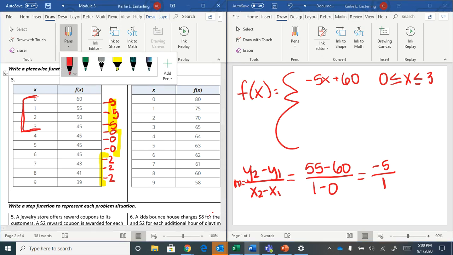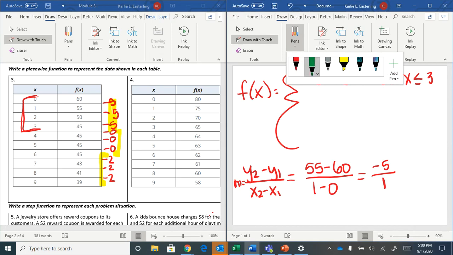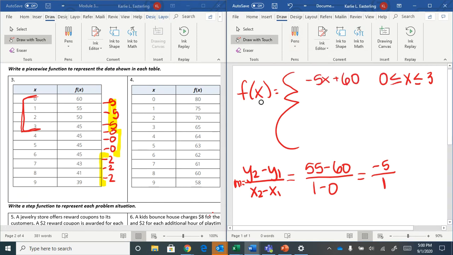Now, for the next little piece, I'm going to change pen colors so that it helps you out a lot. So we're looking at whenever we were not adding anything. The parts where we were not adding anything was from 4 all the way down to 6.